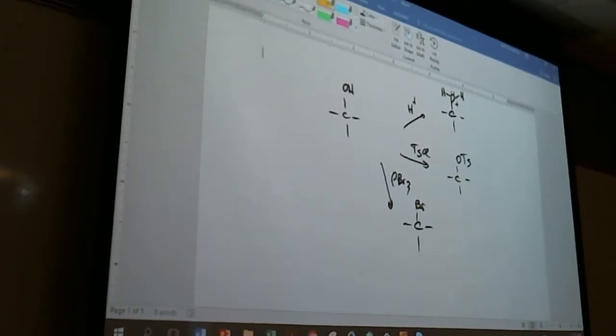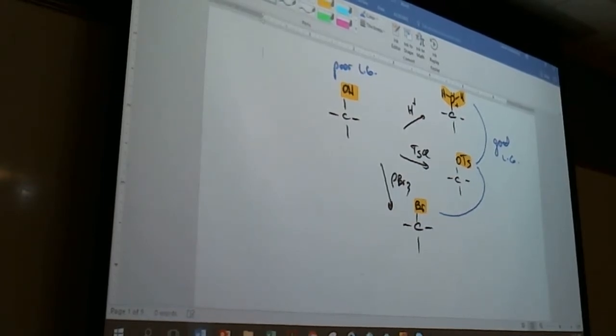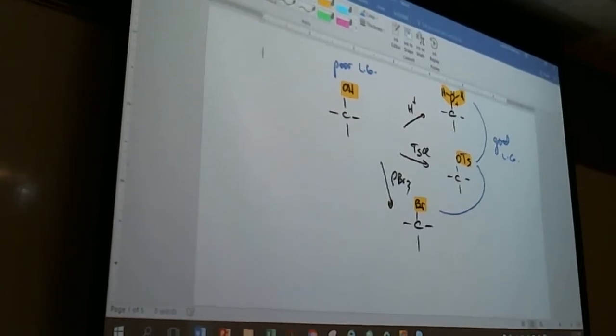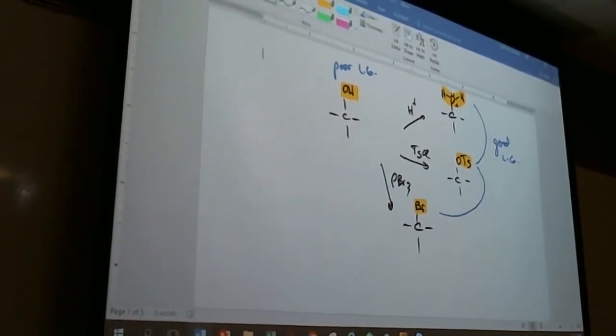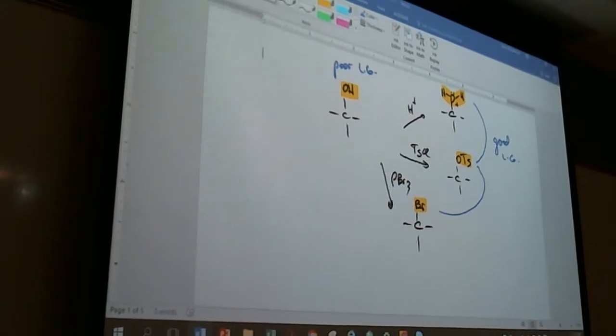Okay, these are all converting a poor leaving group into good leaving groups. Now, each of them is going to involve different reactions, but certainly this is one way of converting a poor leaving group, which would be OH minus, a strong base, into a good leaving group, neutral water, okay?